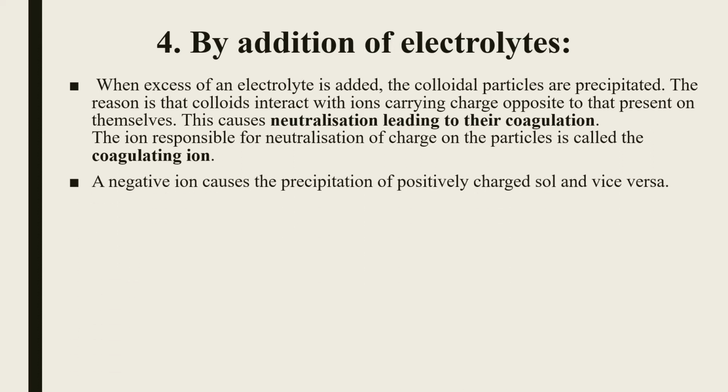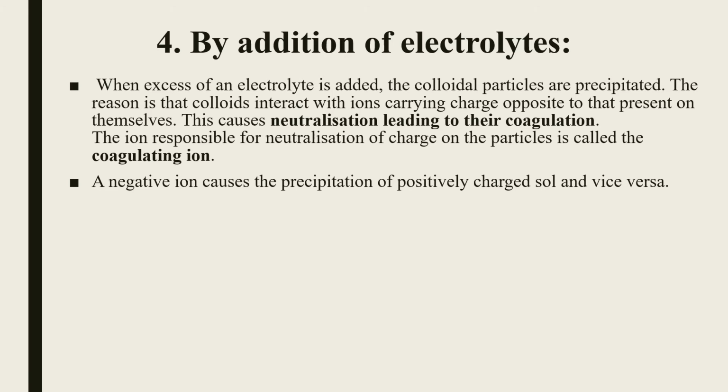A negative ion causes the precipitation of positively charged sol and vice versa. If we have a positively charged colloid and we add an electrolyte to that colloid, then the negative part of the electrolyte will get attached to the sol, and the positive sol and the negative electrolyte will neutralize each other.